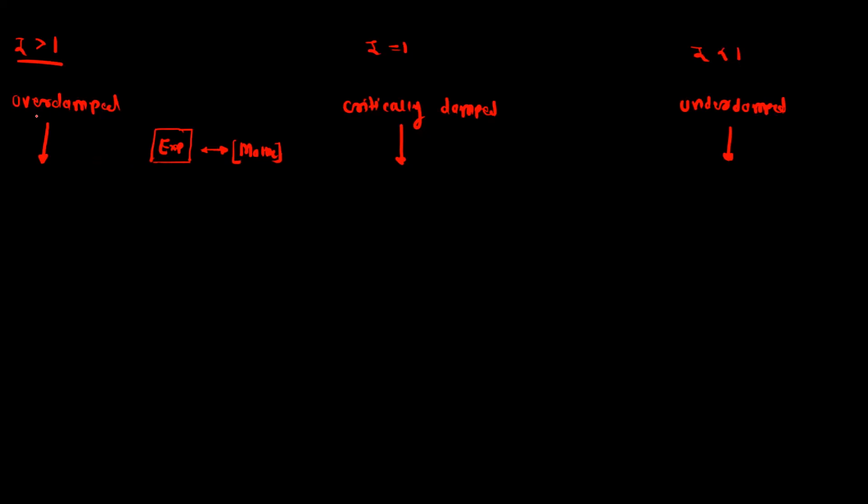For that, for overdamped, critically damped, and underdamped systems, we have derived the mathematical equation. By mathematical modeling, we found the solution for x, which is a function of time, for each of the three systems.